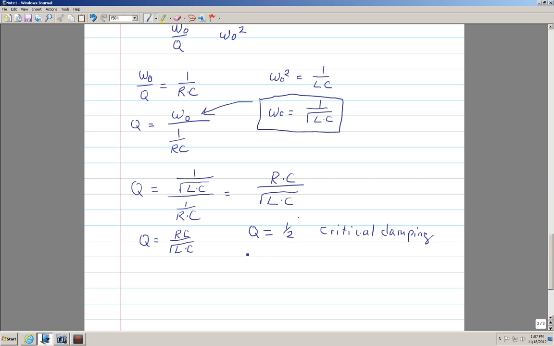If your Q is less than one half, it's overdamped. And if Q is greater than one half, it's underdamped.